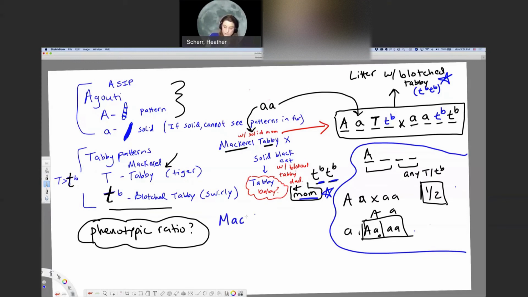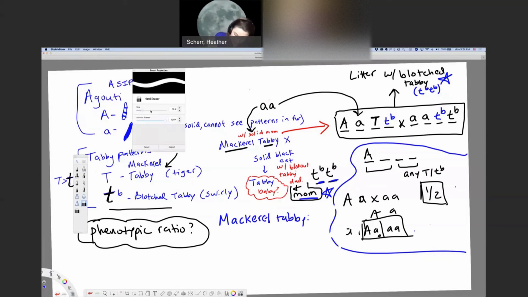We can have a mackerel tabby cat. What else can we have? A blotch tabby. We don't even have to call it pattern, because in itself, tabby means pattern.